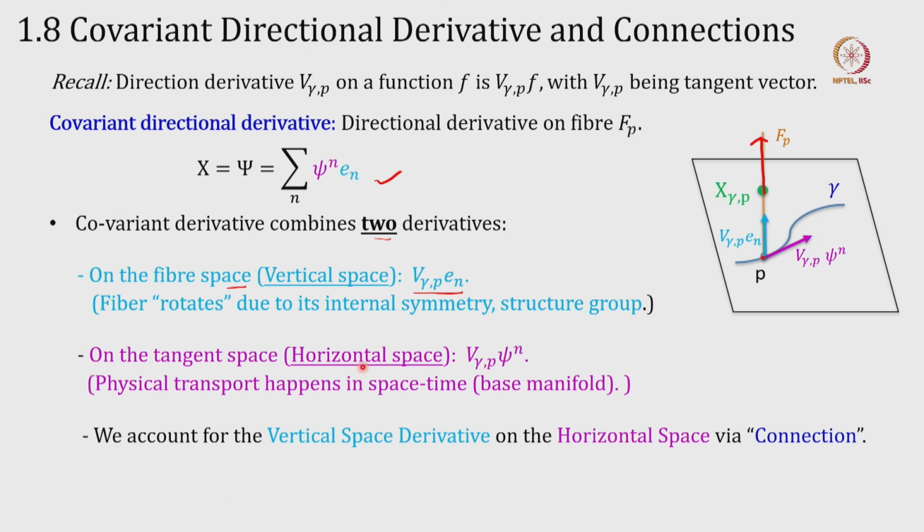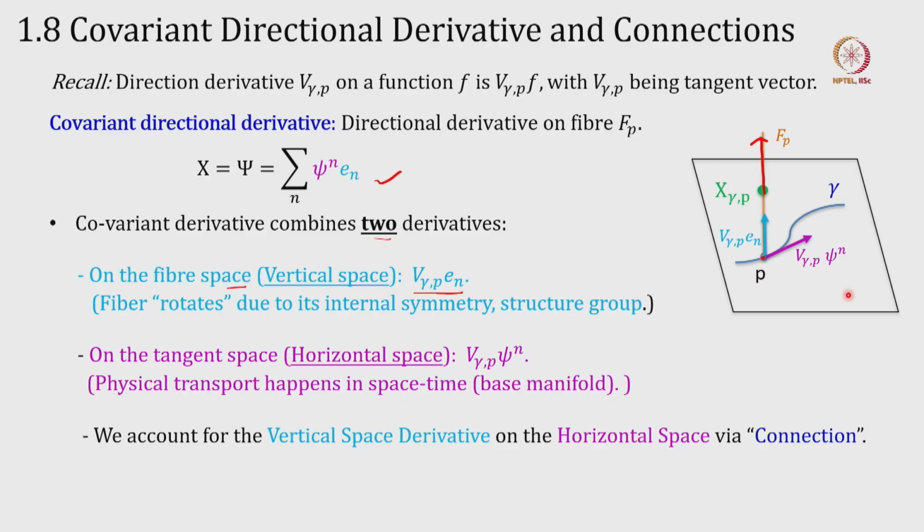Whereas, in the horizontal space, which is on the manifold, the derivative tracks the physical transport of the particle in space or space time, and whatever the base manifold it is, or could be even phase space, depends on how we define, right. So, now what we will do is that we have two derivatives to track. Rather, what we will do is that we will take this derivative part and put it on the horizontal space, so that we will have one derivative on the physical space or manifold to deal with.